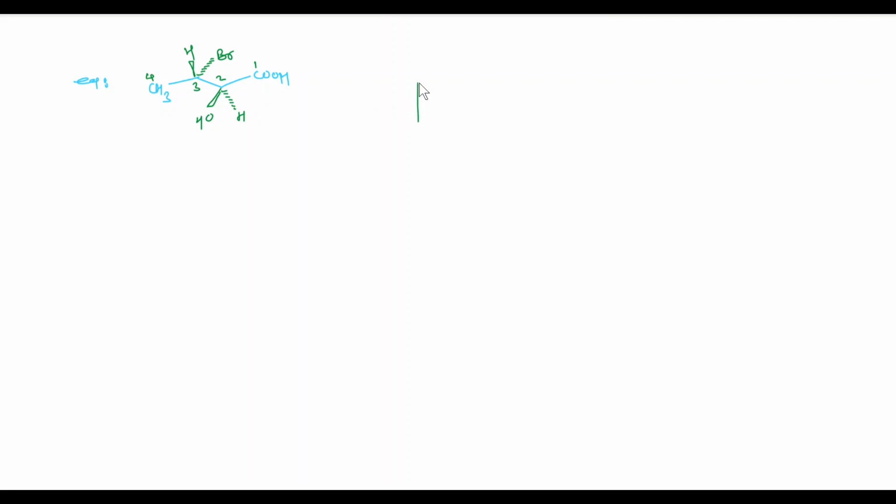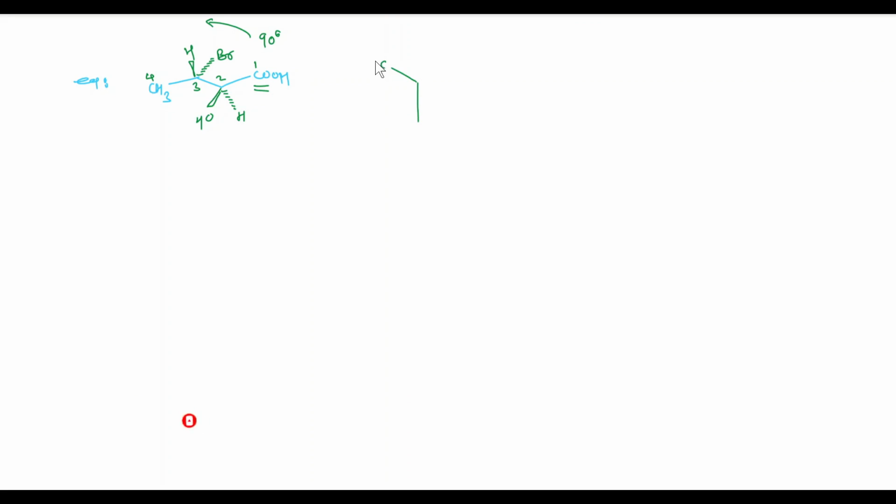This is the vertical line for carbon number 2 and carbon number 3. But during rotation, we have to keep in mind the more oxidizable group will become the top, and that's why we rotate this molecule in the anti-clockwise direction by 90 degrees.